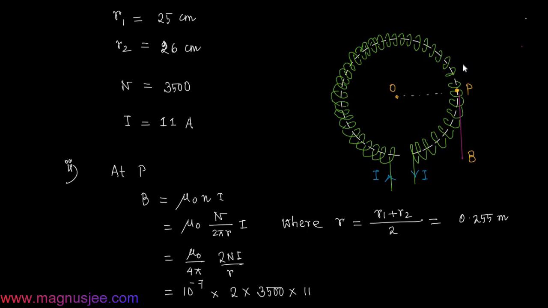R1 is the inner radius of the toroid, R2 is the external radius of the toroid, and R is the mean radius of the toroid.